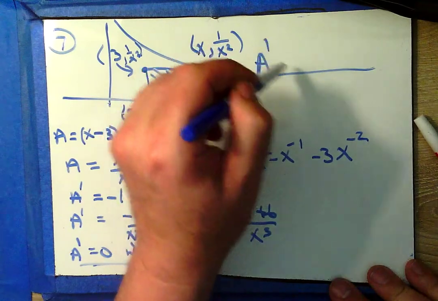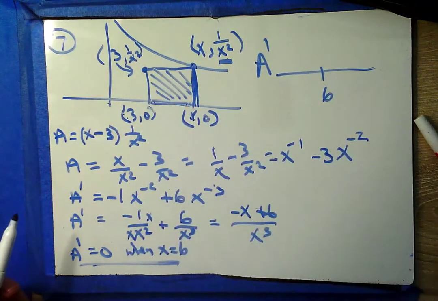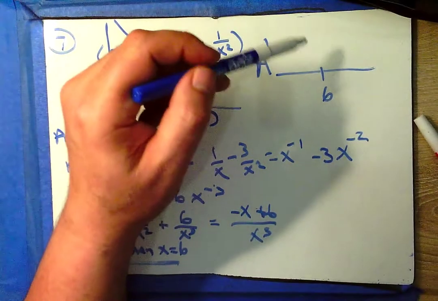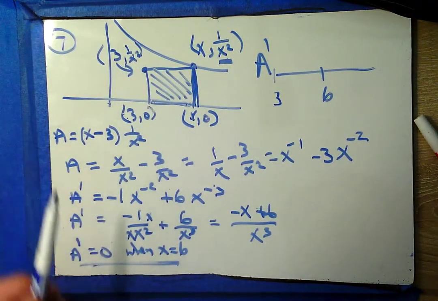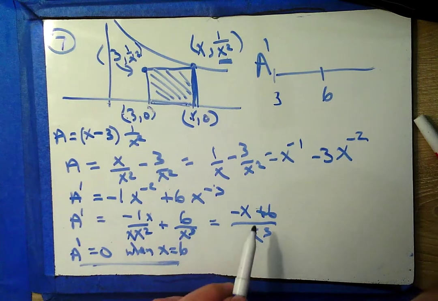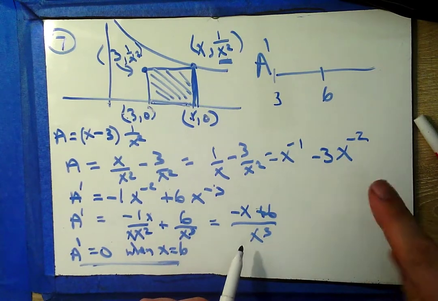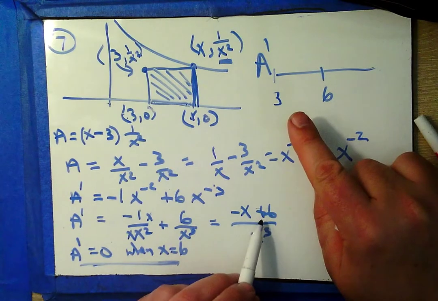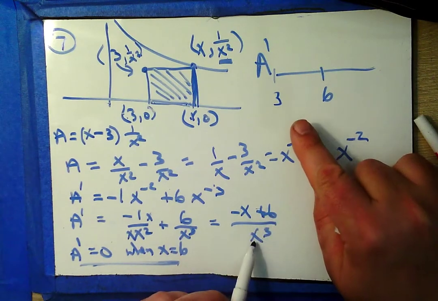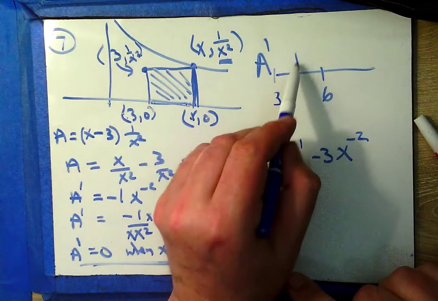Let's make an A prime sign chart and shove 6 on it just to be sure. I know we have to be greater than or equal to 3. So here's our A prime. And if I plug in 3 here, I get minus 3 plus 6 is positive 3 over 27. That's a positive.